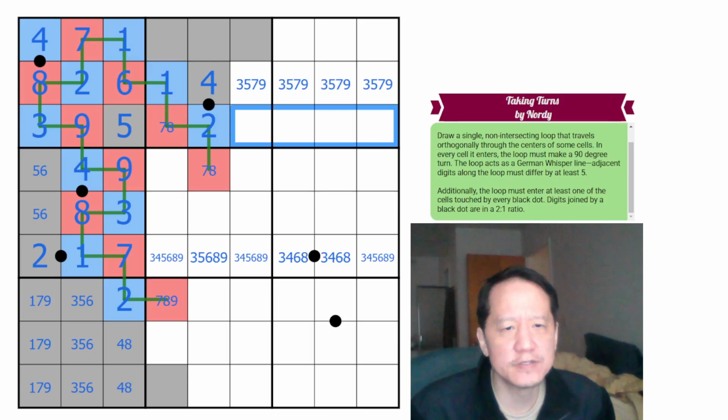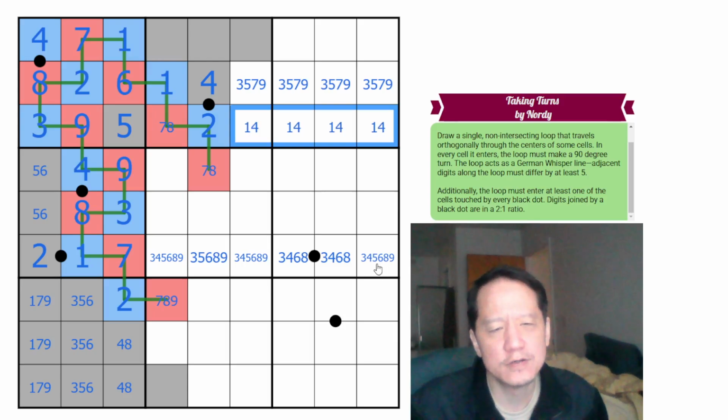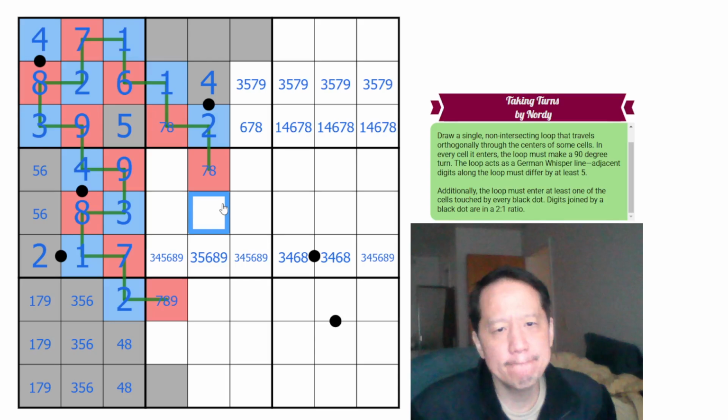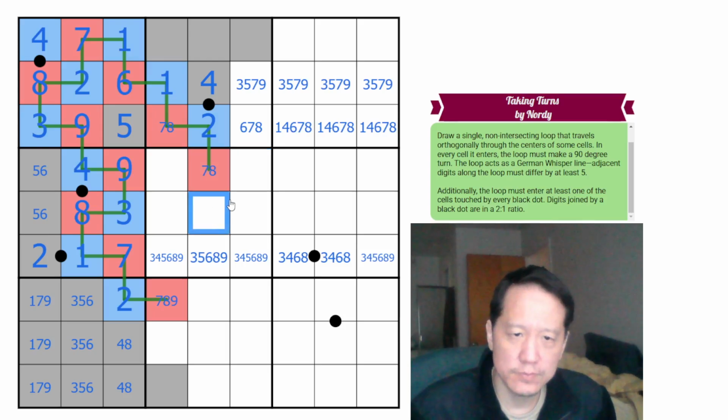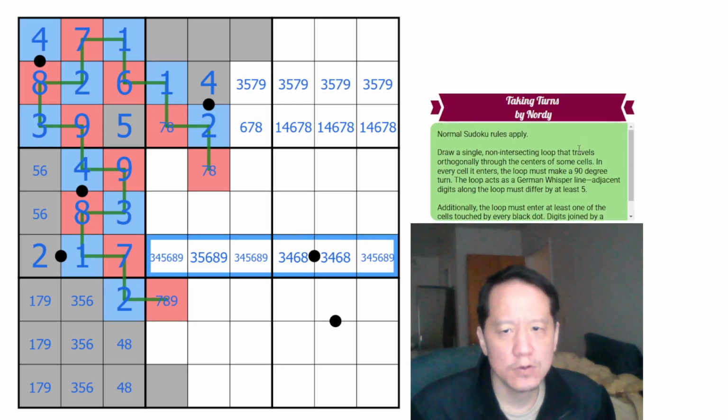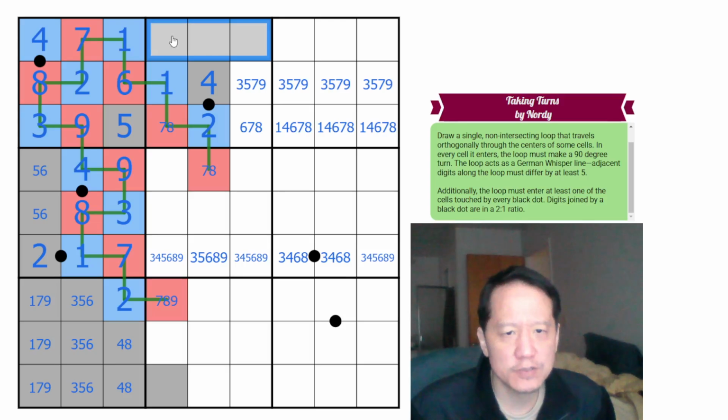The rest of this is 1, 4, 6, 7, 8. Obviously, 1 and 4 can't be here because of these two cells. It could enter that way still. Hmm. The rest of this part.